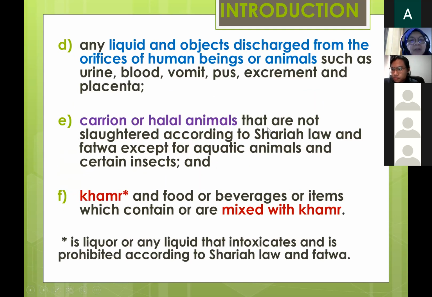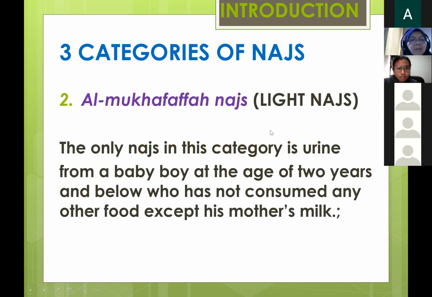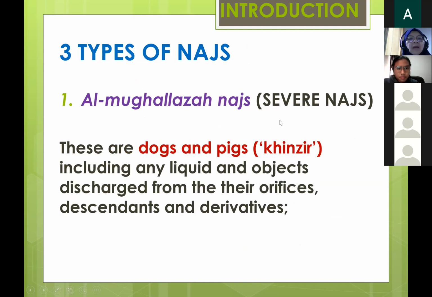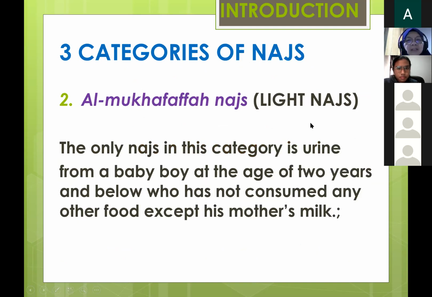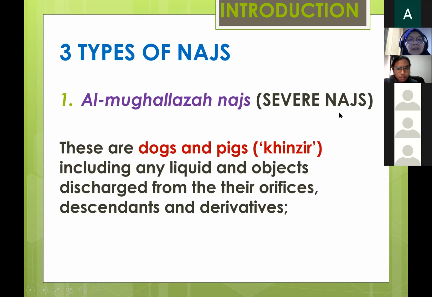There are three types of najis. From all these examples, we can group them into three types: severe najis, light najis, or medium najis. What is severe najis? Severe najis, or mughallazah najis, is only two things, two animals: dogs and pigs, or in Arabic, khinzir, including any liquid and any object discharged from their orifices, descendants, and derivatives.